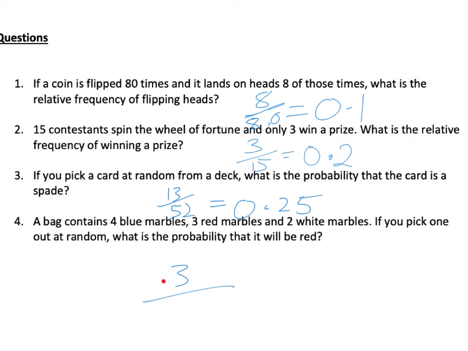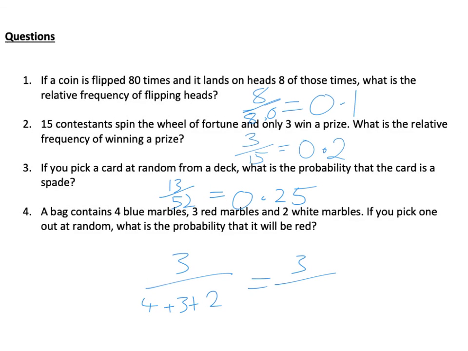So there are 3 red marbles, and then to get the total number of marbles, it's going to be the 4 blue marbles plus 3 red plus 2 white marbles. If we simplify this bottom, it gives us 3 over 4 plus 3 is 7 plus 2 is 9. Put that into your calculator and you get 0.333. So we'll just give it to 2 decimal places, 0.33.